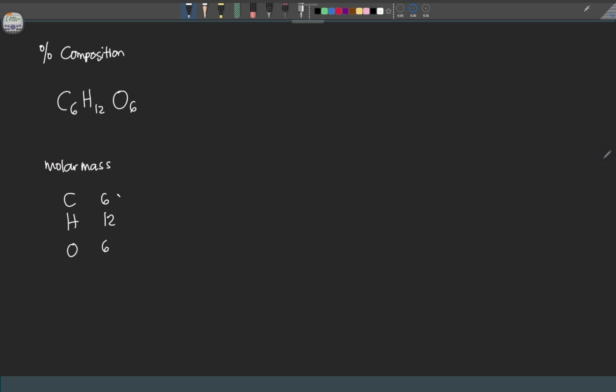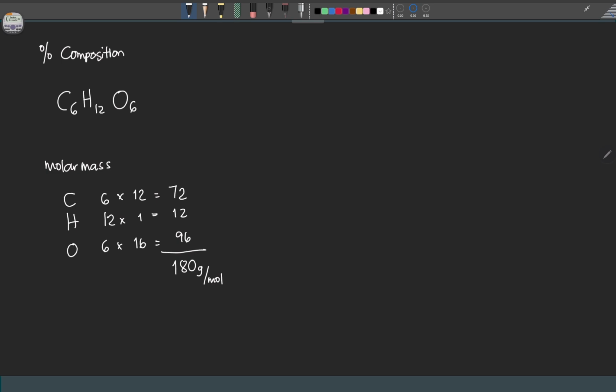That's the subscript. Multiply by the mass. We'll use whole numbers 12, 1, and then 16. Then add that. I'll multiply first. This one is 72, 12, and then 96. So add this. That will be 180 grams per mole.